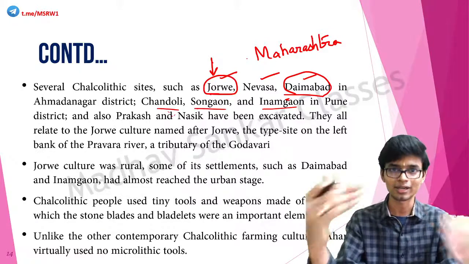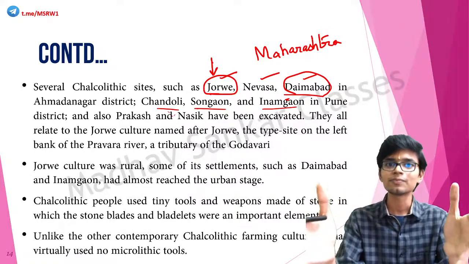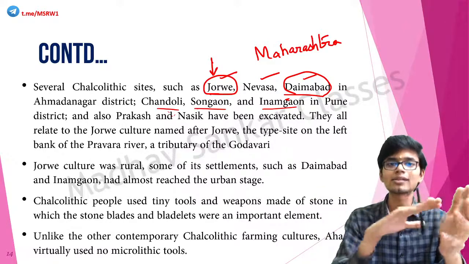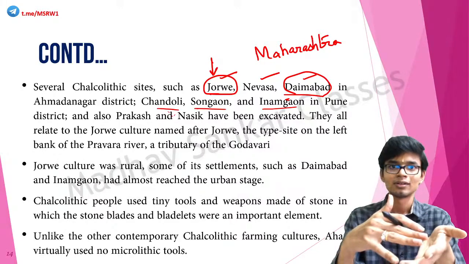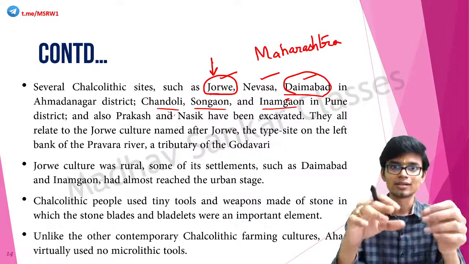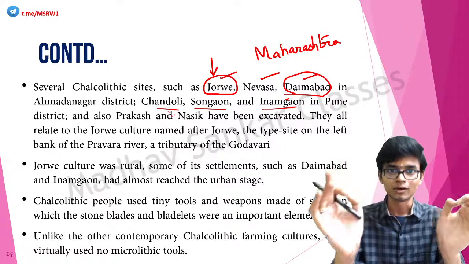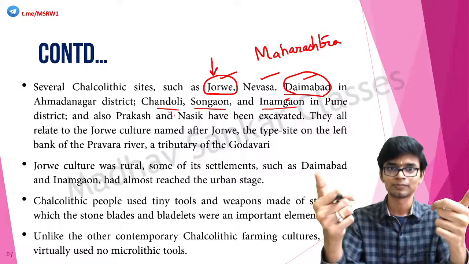I know that you did not understand what I meant, so I will explain it again. In the Maharashtra region, we come across all these different sites, and there is a commonality among all of them. So you have to call it using a particular name.